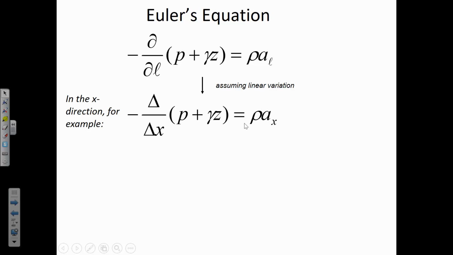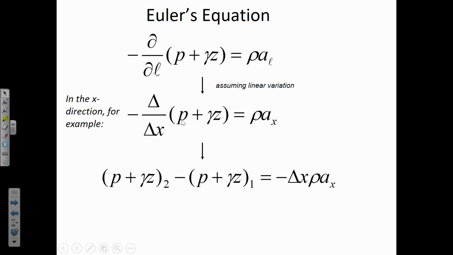So the way that we further expand this equation is we say it's between 2 points. This delta x is the distance between the 2 points in the x direction. And so the piezometric pressure at location 2 minus the piezometric pressure at location 1 is equal to the negative of the distance between them in the x direction, the density of the fluid, and the acceleration in that x direction.